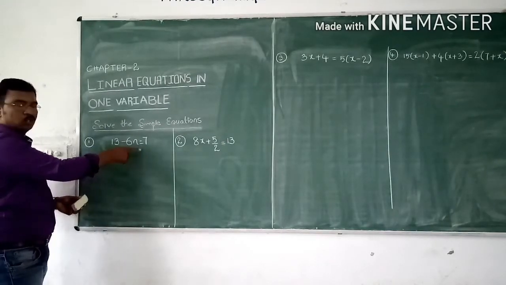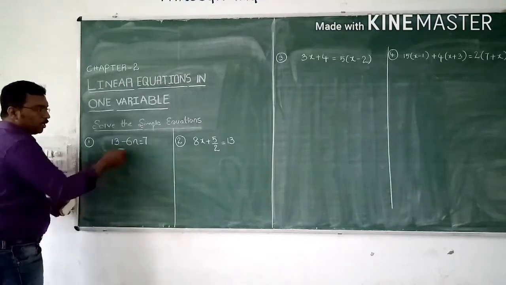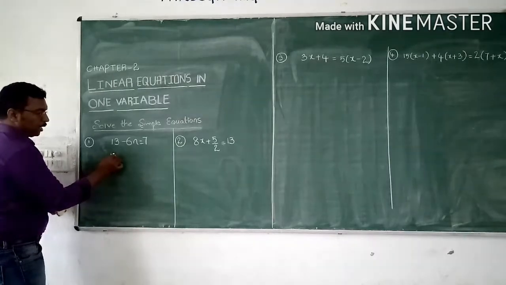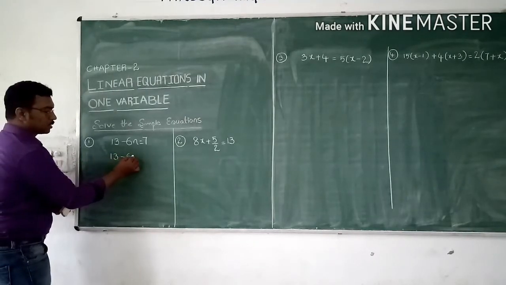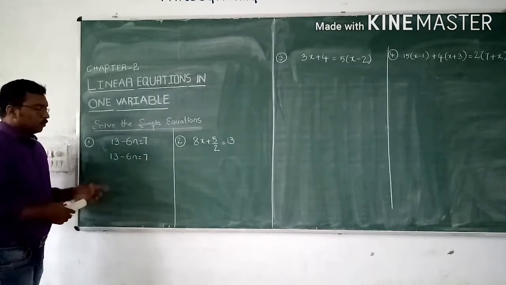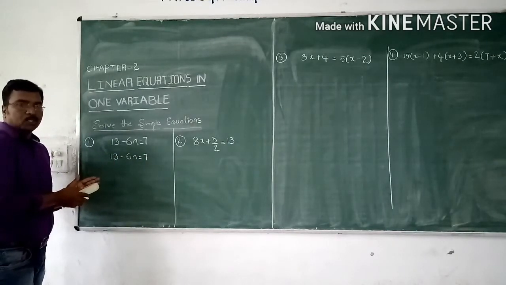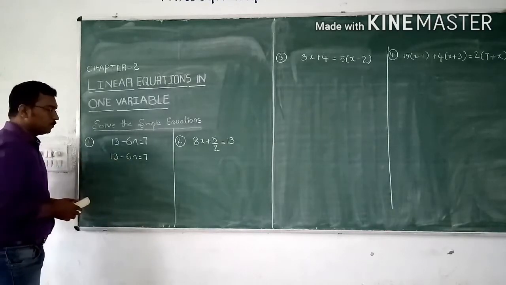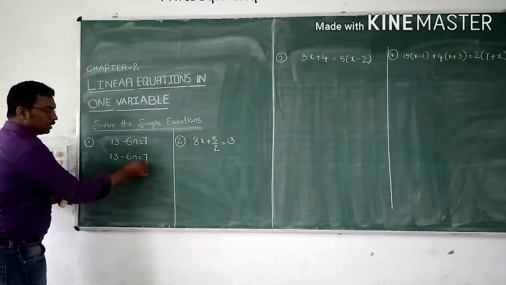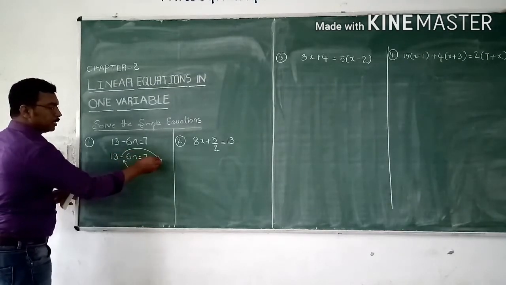Now we have to find the solution for this equation. First of all, I am writing 13 minus 6n is equal to 7. We have to transpose the variables to one side and constants to the other side. Here I am transposing this 7 to this side and minus 6n to this side.